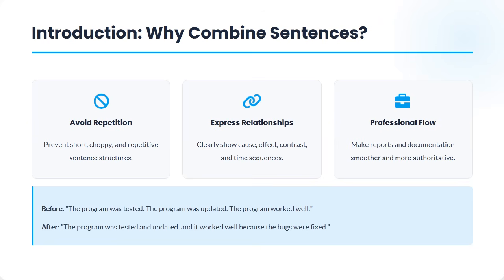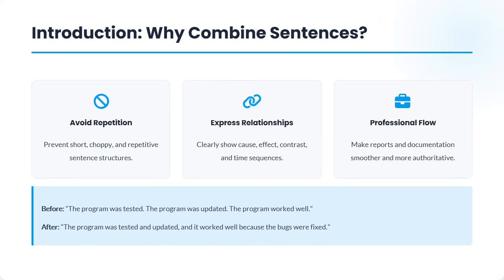In a paragraph or in a passage, when you are writing and expressing ideas that are related together, combining sentences helps you to avoid repetition by preventing short, choppy, and repetitive sentence structure.